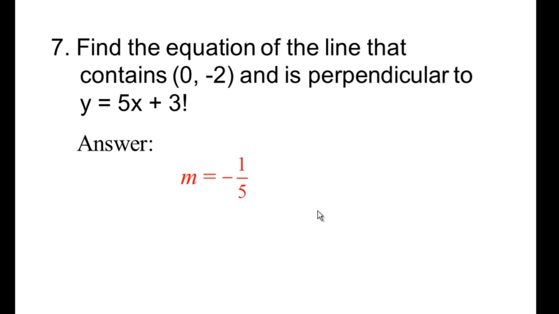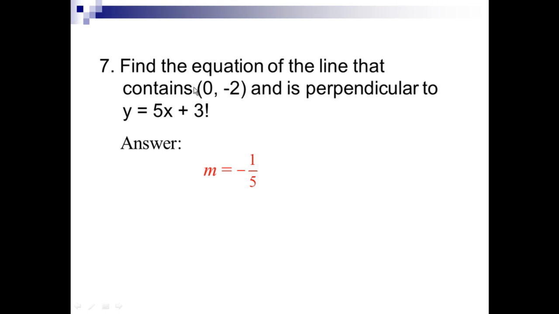Next question. Find the equation of the line that contains (0, -2) and is perpendicular to y equals 5x plus 3. Because it is perpendicular, gradient 2 is negative 1/5.